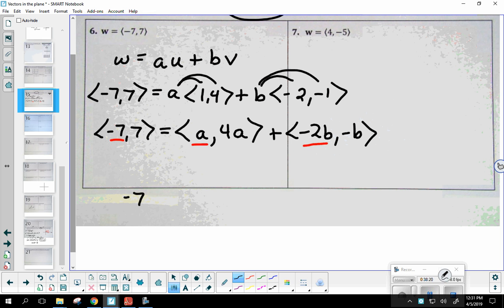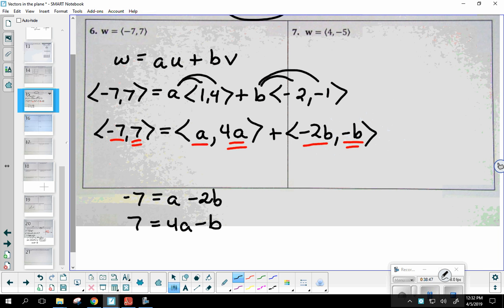So I would have -7 equals A minus 2B. That's exactly right. So now 4A corresponds to -B and the +7. So this says 7 is equal to 4A minus B. Do you recognize it? Starts with an S.